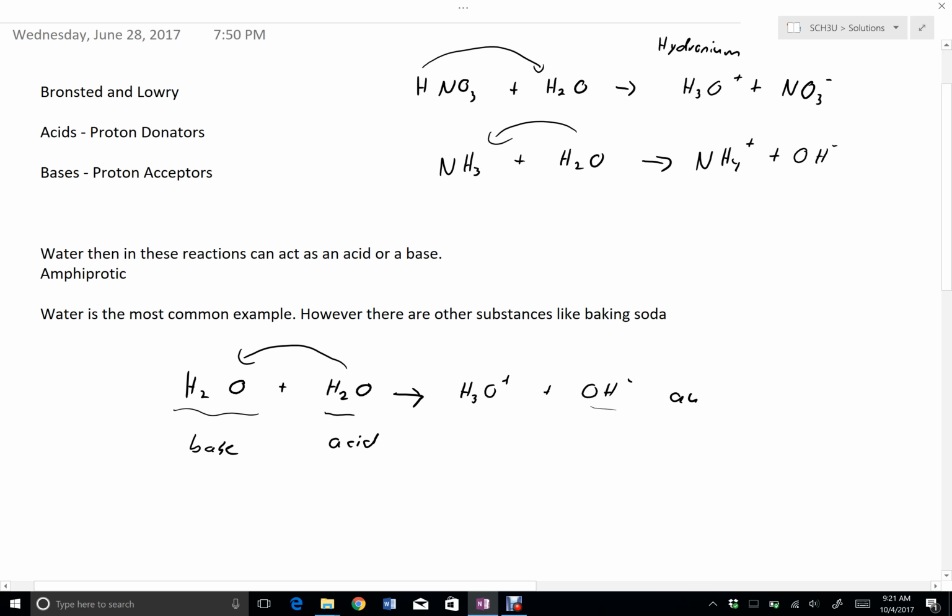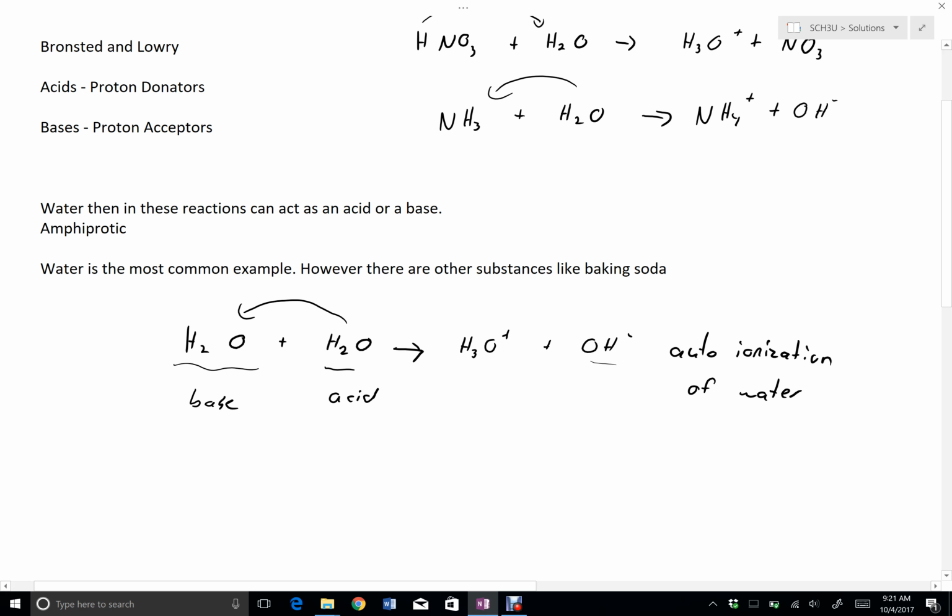This is called the auto-ionization of water. And it doesn't happen very often. It happens such that the concentration of hydroxide or hydronium in water naturally occurring with no other acid or base species is 1 in 10 to the 7, or 1 in 10 million.